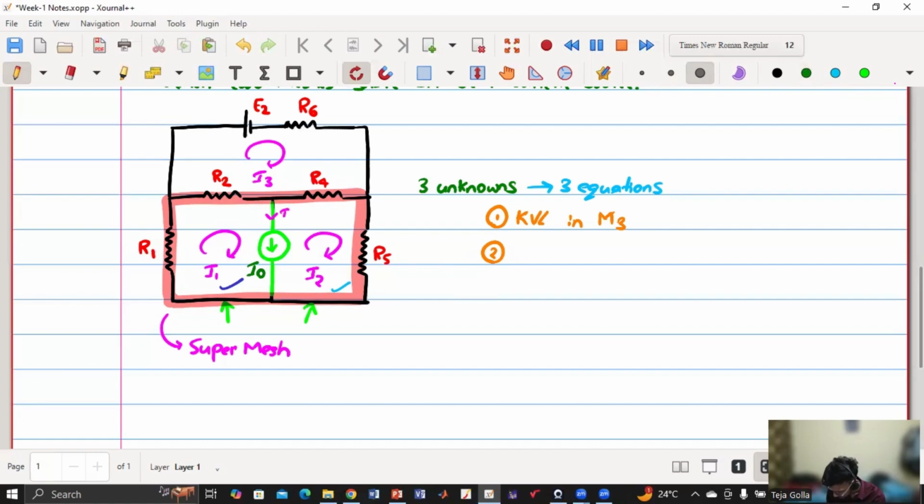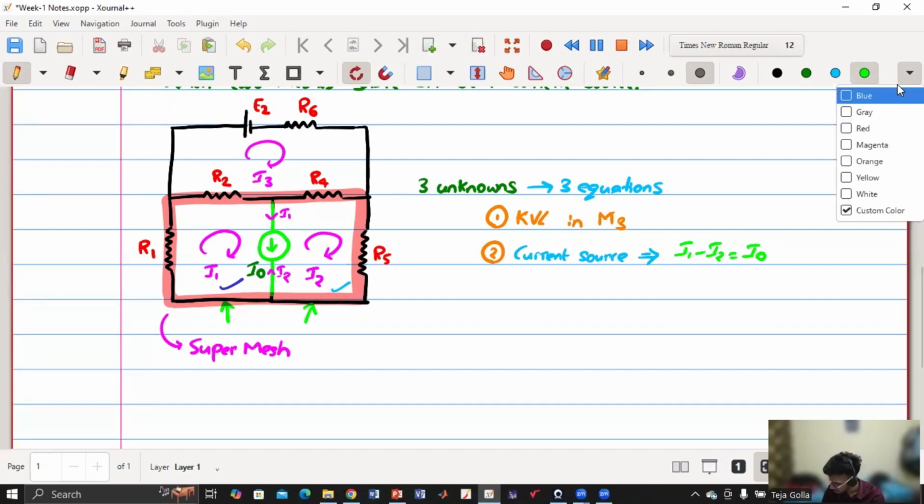And the current I2 is basically flowing in this direction. So I1 minus I2 is equal to I naught. So I am getting one equation from the current source, okay? And what is it? I1 minus I2 equals I naught.